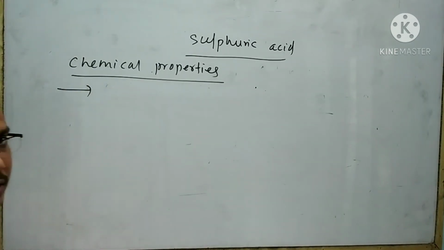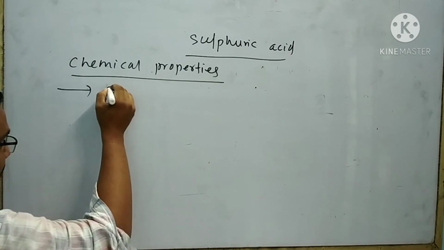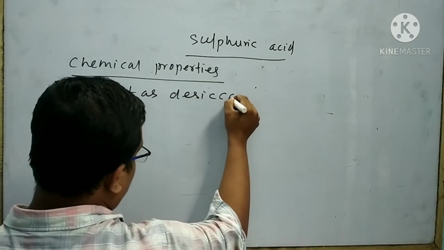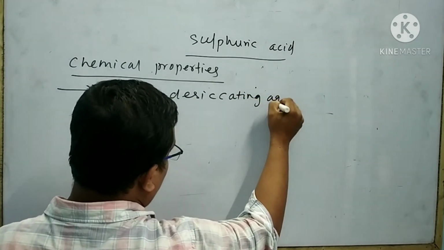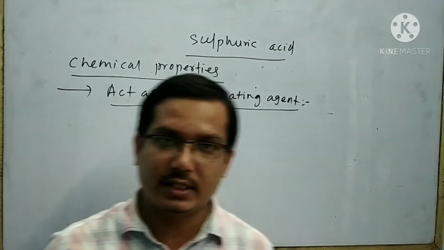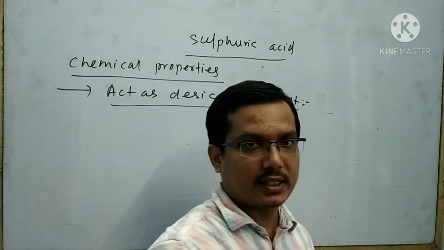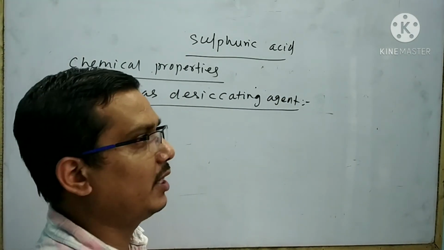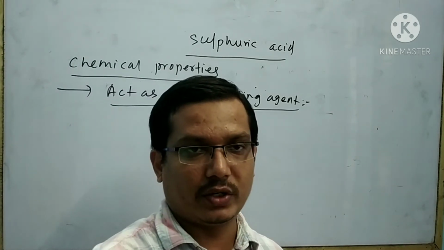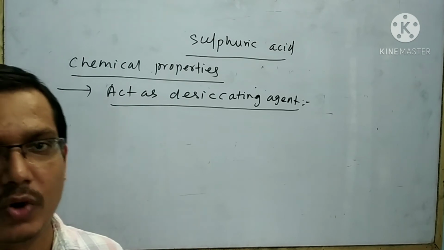Next chemical property, H2SO4 acts as a desiccating agent. H2SO4 acts as a strong desiccating agent for acidic gases like chlorine and carbon dioxide. This is due to the strong affinity of H2SO4 towards water molecules.